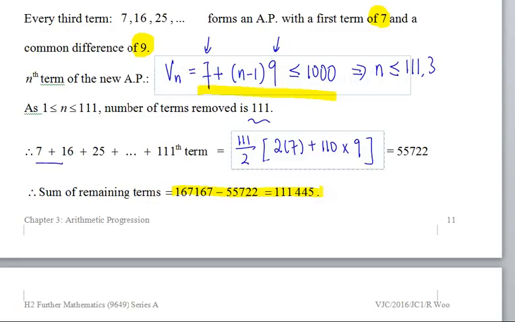Question? Yes. Of course, you can. Of course. Why does that bracket 7 is the same, right?